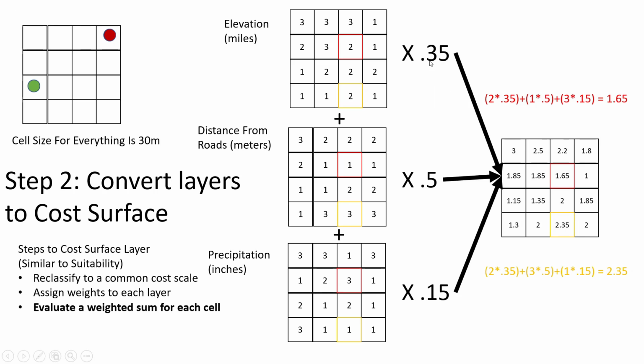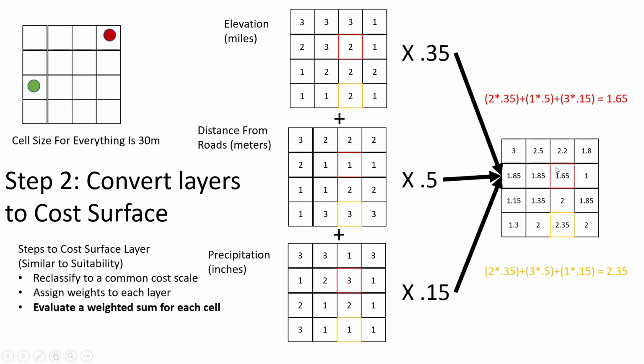The weight for elevation is 0.35, so that's where this 0.35 comes from. Distance from roads, the value is 1, that's where this 1 comes from, times 0.5, that's the weight, and then we add the precipitation value is 3, times the weight is 0.15. If we do the math on that, we get 1.65 going here, right?